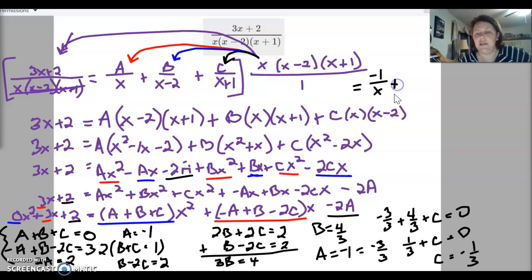Plus b, what did we find b to be? b was 4/3. So I would write that as 4 over 3 times x minus 2. And then c is equal to negative 1/3, so I would have negative 1 over 3 times x.